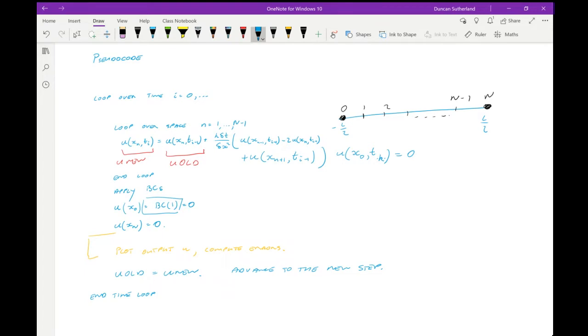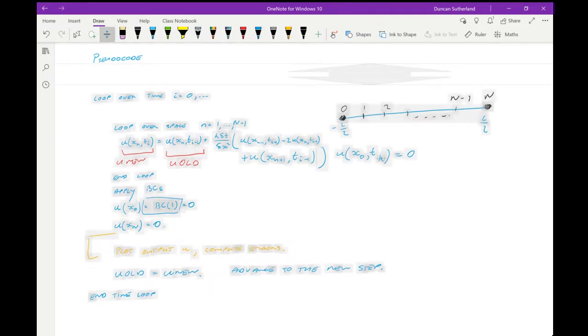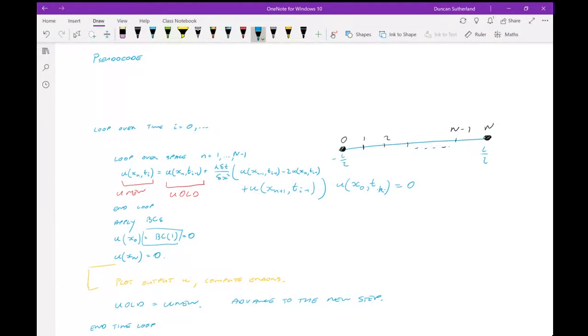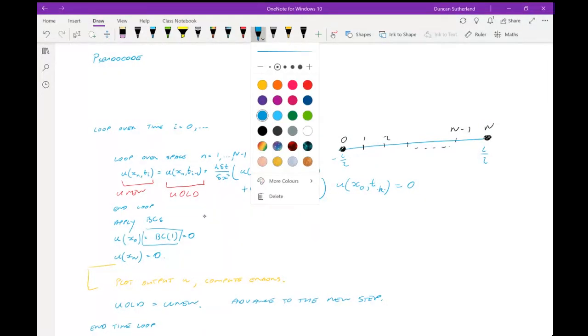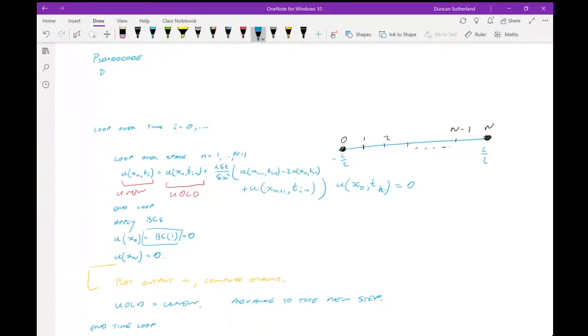Up here, we're going to have to do some work. We've seen that we need to define a lot of stuff. We need to define our grid, x. We've got to define delta t. We've got to give a value k. We've got to give a value for delta x.